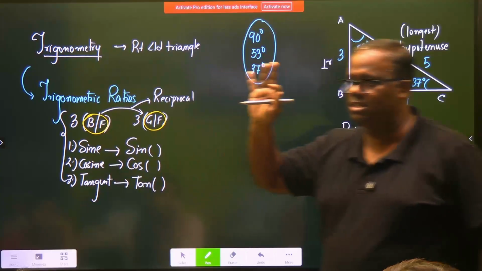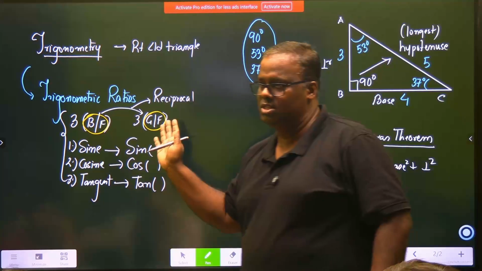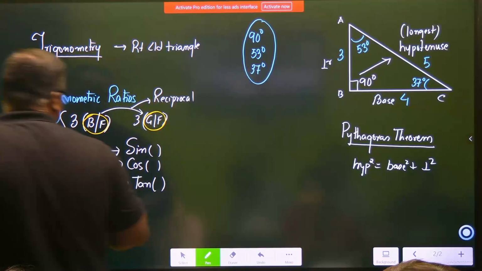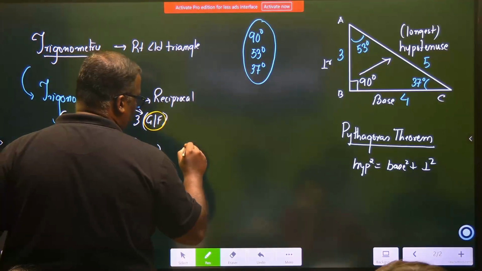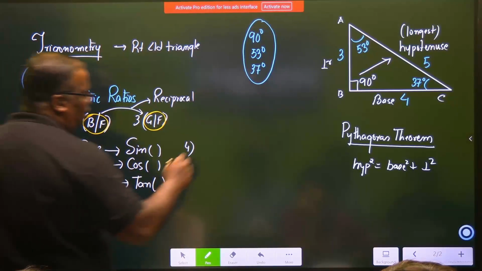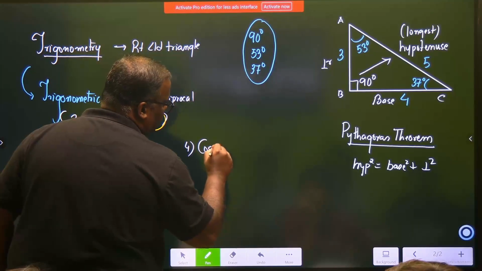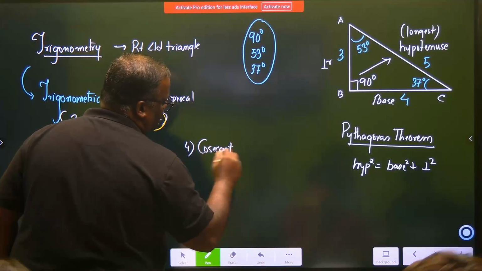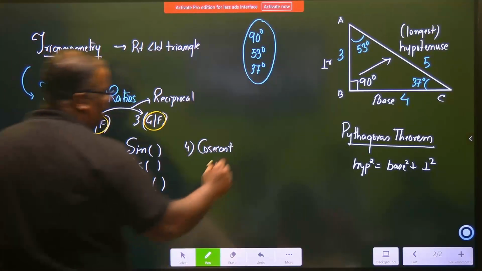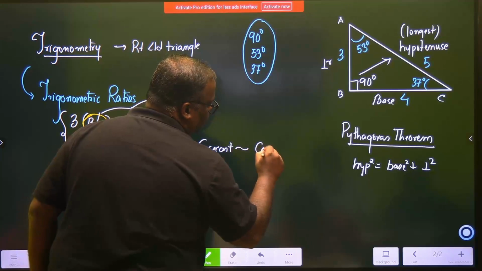There will be 6, 3 and 3 reciprocals. As I said, 3 boyfriends and 3 girlfriends. So if you see the fourth trigonometric ratio, which will be the reciprocal of the sine ratio, this is known as cosecant. Okay, it's known as cosecant, and it is written as cosec.